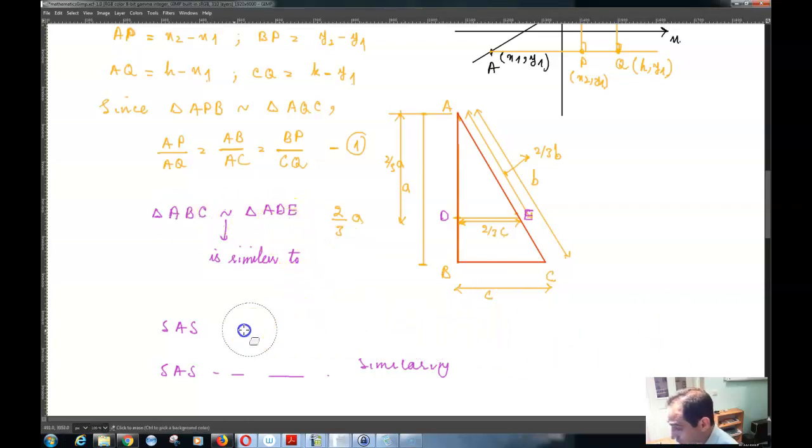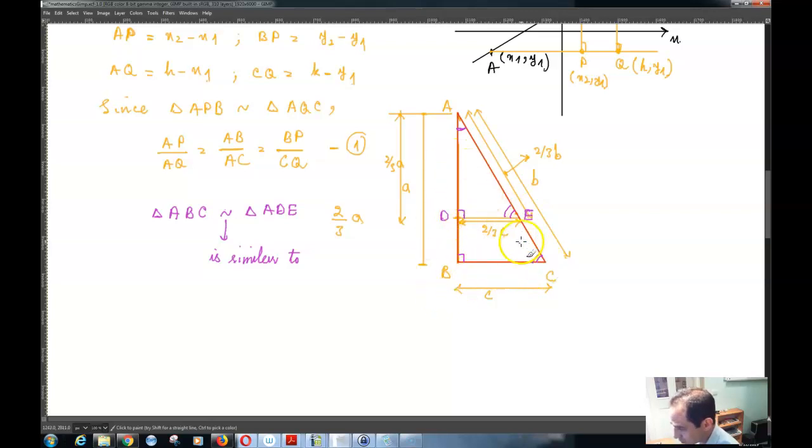Now, particularly in this case, you can see that this angle over here is common between the 2 triangles. And this angle is equal to this angle, because these 2 lines are parallel. And this angle is of course equal to this angle, because again these 2 lines are parallel.